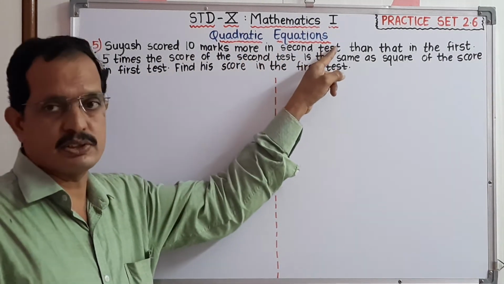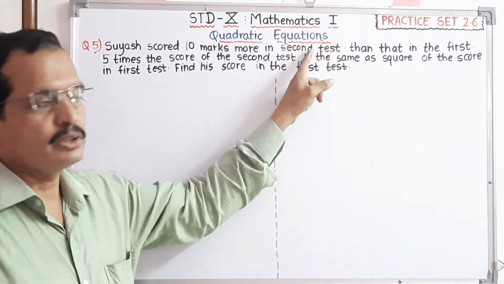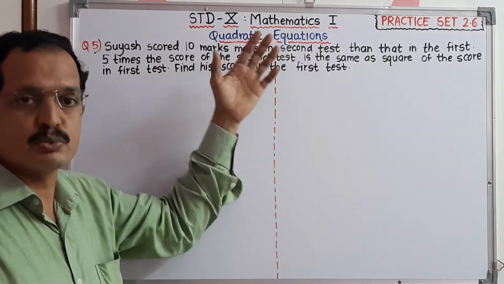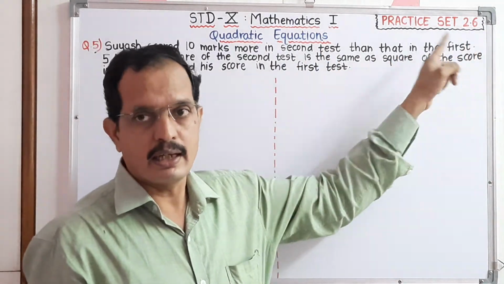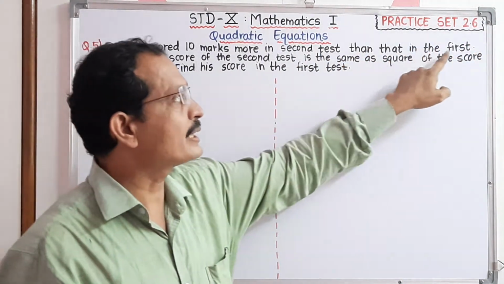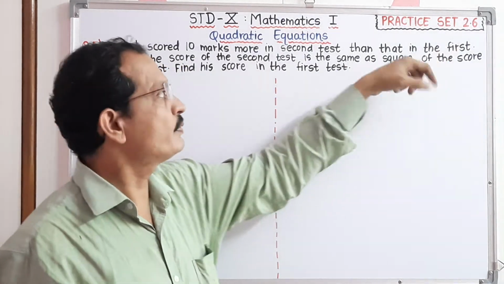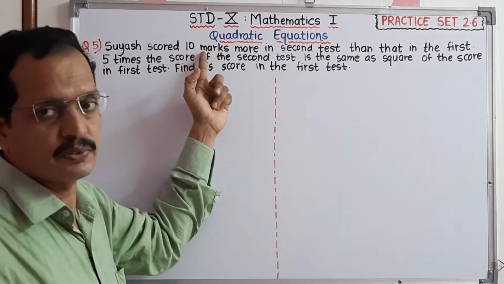In the second test, Suyash scored 10 marks more than the first test. That means if we know the marks of the first test, we can find out the marks of the second test.